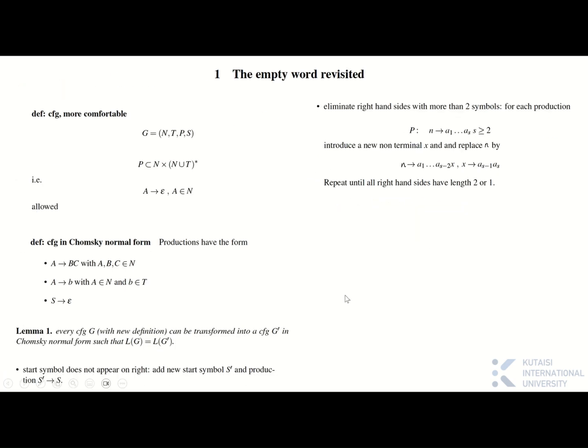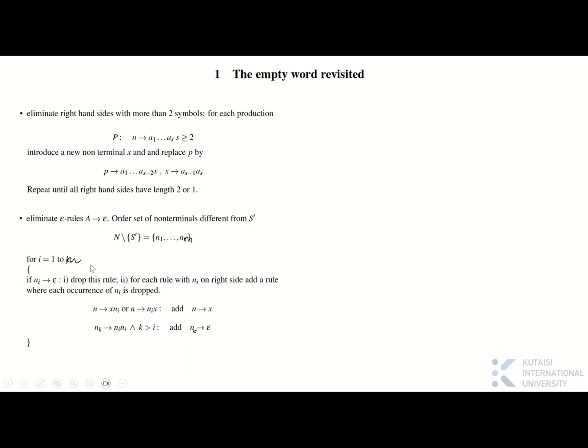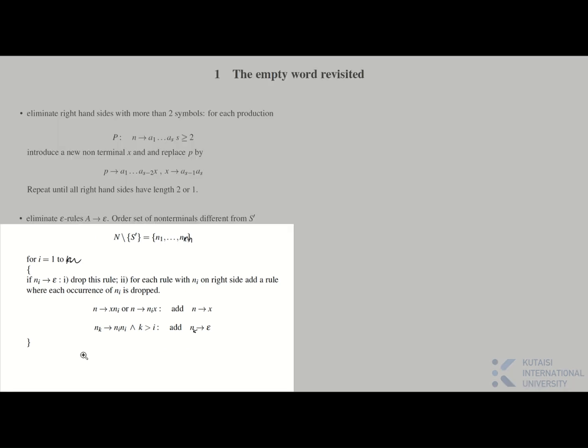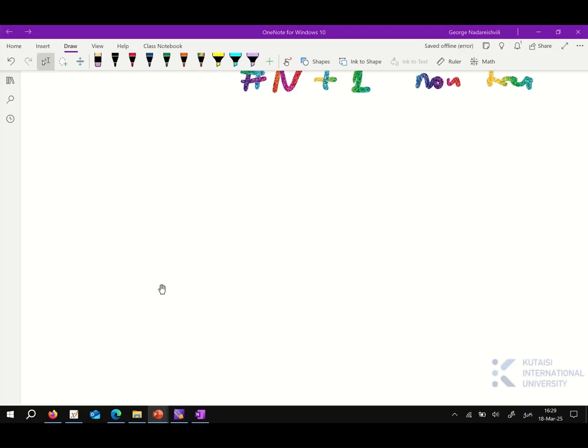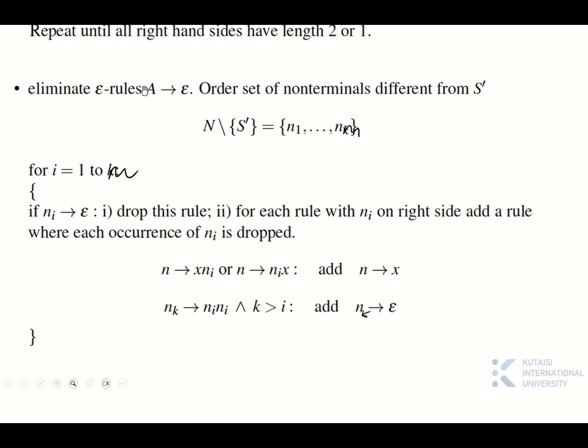What next? Now if I do this, all my productions are at most 2. So the first rule is maybe almost satisfied. Now what I want to do is eliminate epsilon rules. This needs more thinking. I now have a bunch of non-terminals that produce epsilon, and I want to remove them.